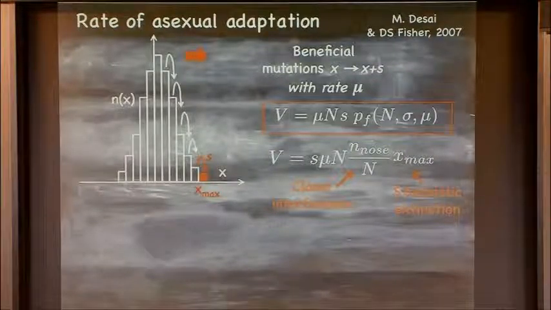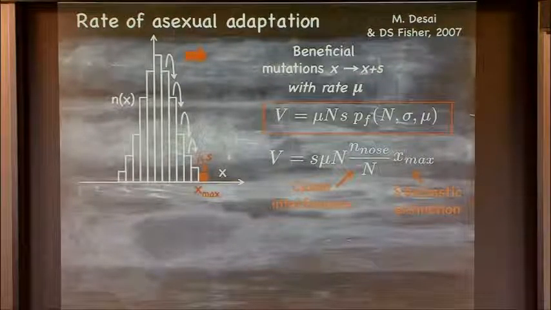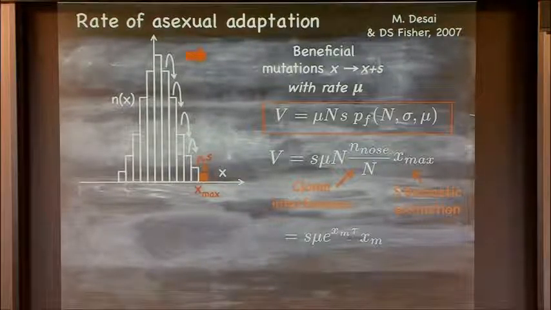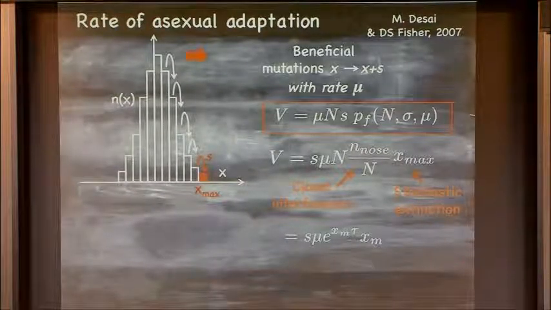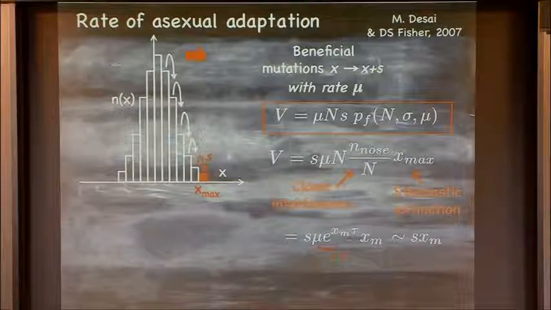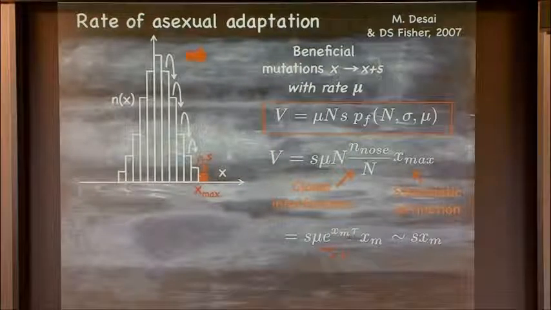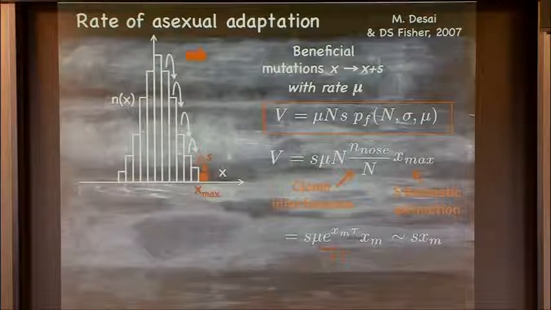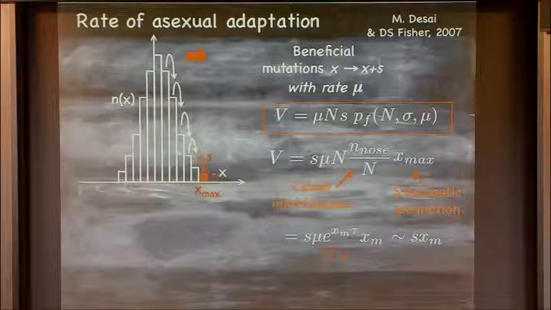And now you observe that this big N factor actually drops out. The only thing that's important is how big is the nose, and the whole wave is moving forward, and the top bin exists only transiently, until the new mutation comes in and seeds yet another bin, right?